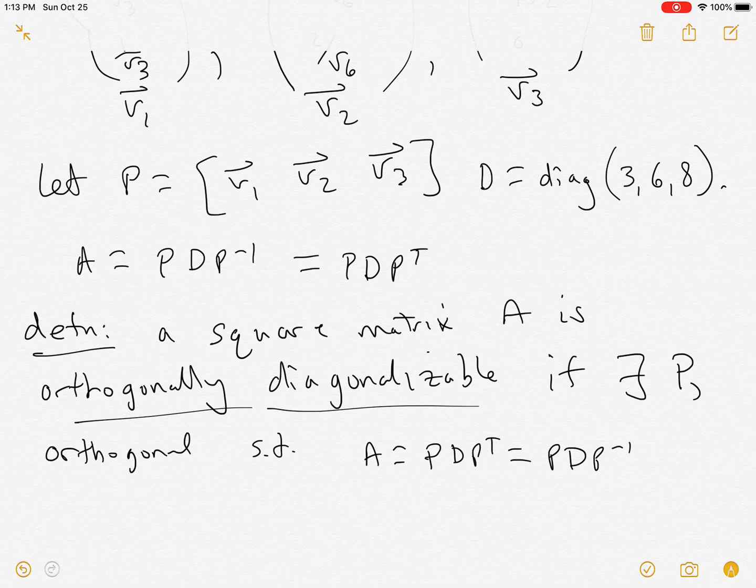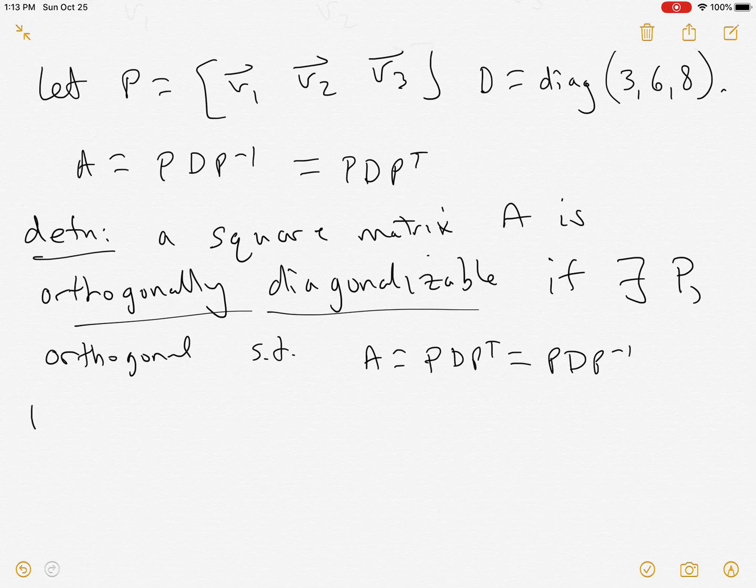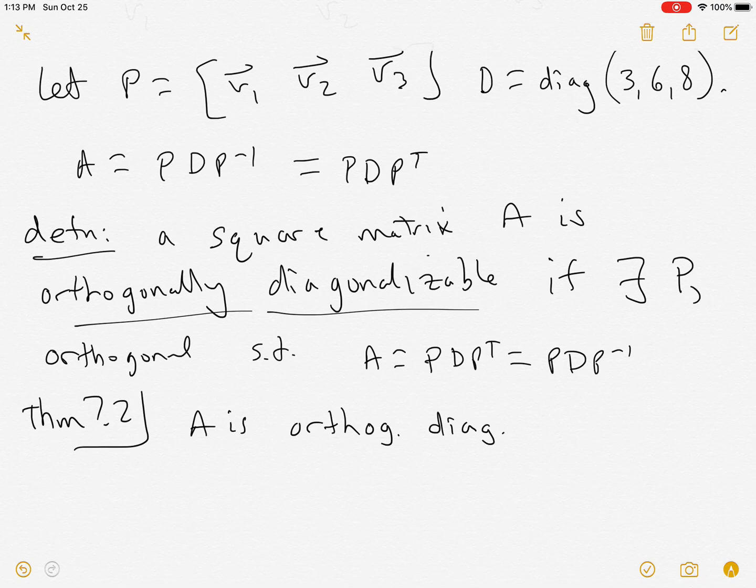So now we have a stronger form of diagonalization. We have orthogonal diagonalization. And this leads straight away, we just worked out through examples, to this theorem. A is orthogonally diagonalizable if and only if A is symmetric. And one leads to the other.